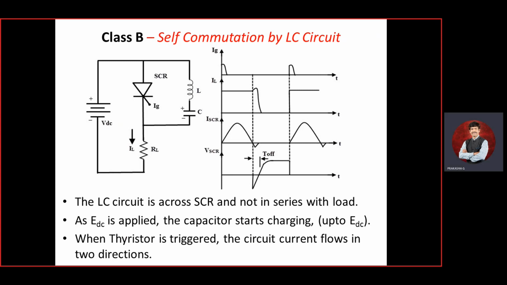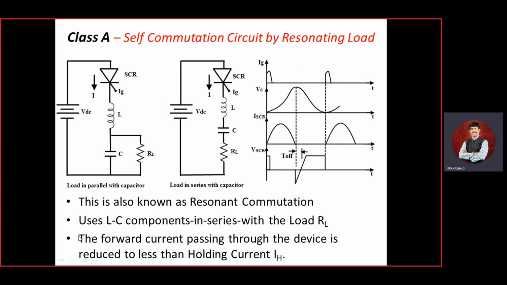In class A, your L and C were in series with your SCR. Your inductance and capacitance were in series with the SCR. See the circuit here, SCR, L and C are in series with the thyristor.